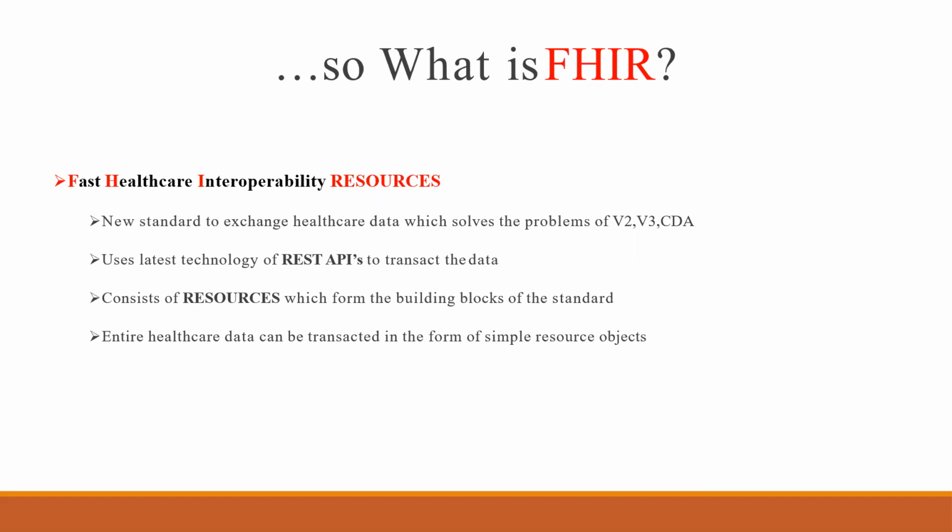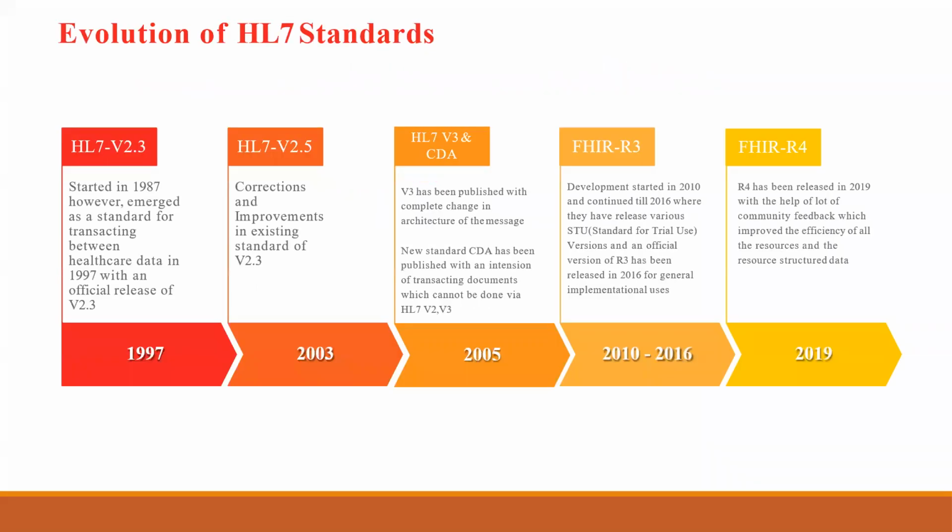Okay, so let's quickly have a snapshot of the standards that were evolved from the past till date. Okay, so back in 1980s, as I mentioned earlier, we had HL7V2, which emerged as a standard, and slowly we had V2.5, where corrections to V3 were made, and corrections for V2 were made and released.